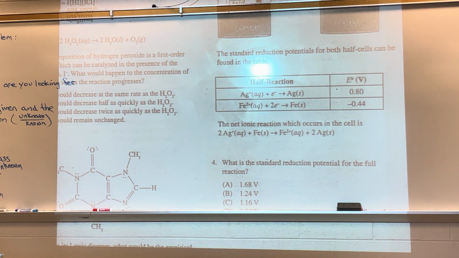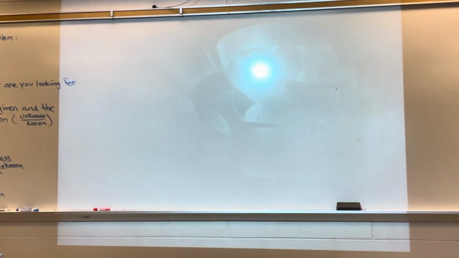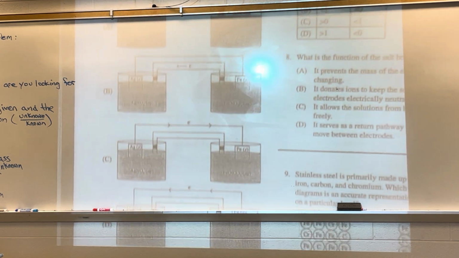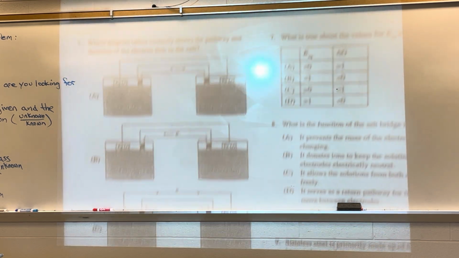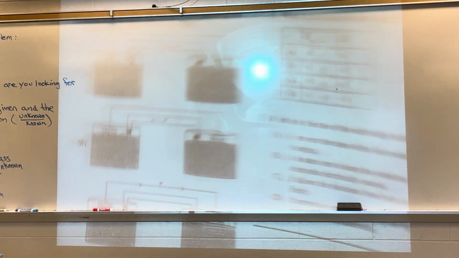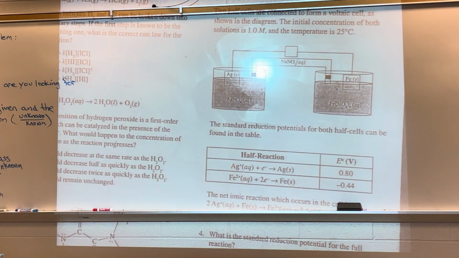the flow of electrons. We have to keep all that, and unfortunately it's on a separate page. Okay? So here's my setup. Let's go back to here. I have this setup right here.